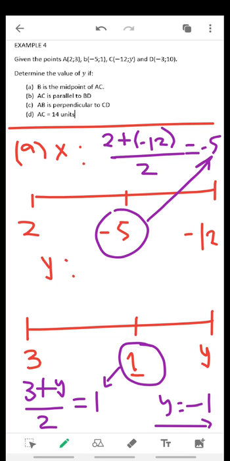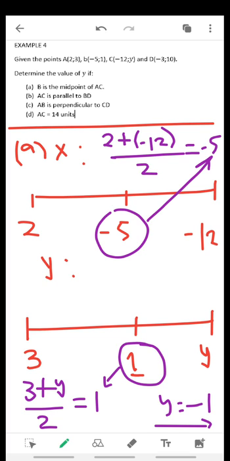Now, to answer A, B is the midpoint of AC. What do we do then? We write down the y coordinate of A, 3, and then we write the y coordinate of C, which is y, and then do we know the y coordinate of the midpoint of AC? Yes, and that is 1. Where do we get the 1?